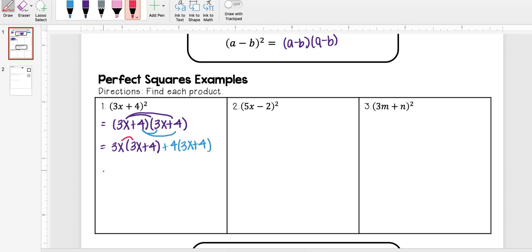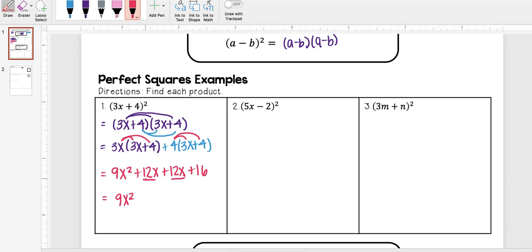So 3x times 3x, I get 9x squared. 3x times 4, I get 12x. 4 times 3x, I also get 12x. And then 4 times 4, I get 16. And then last up, I'm going to go ahead and combine my like terms, and that's going to be those middle ones.